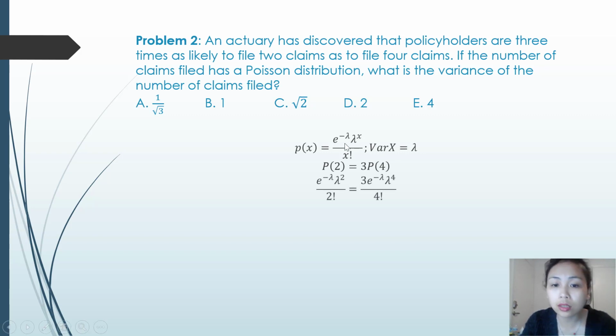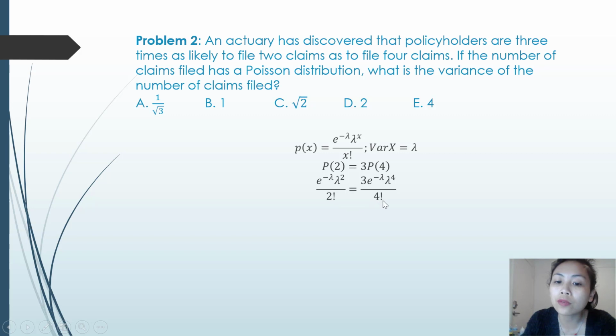Using this formula, we have e to the negative lambda, lambda squared over 2 factorial is equal to 3 times e to the negative lambda, lambda to the 4 over 4 factorial. Here the e to the negative lambda terms cancel, and the lambda squared terms cancel. On the right hand side we have 3 with 4 factorial, and 2 factorial cancels with 2 factorial.